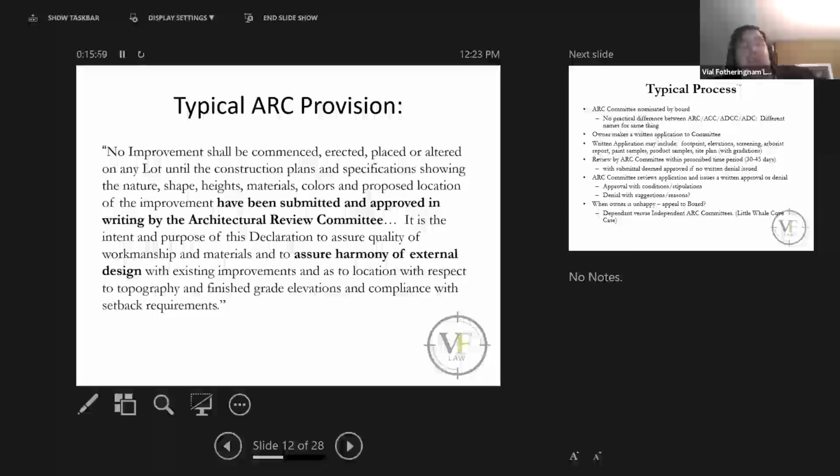So the approval's given, the guy starts work, and it became readily apparent very quickly that the work that he started was not the work that he got the approval for. What he ended up doing is he tore down the existing fence. He moved the fence 10 to 15 feet closer to the roadway.